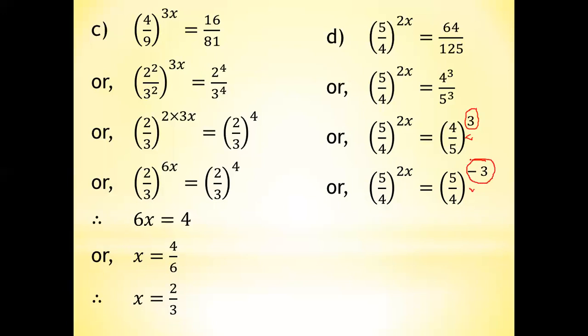That means the sign will be changed if we are changing the placement of numerator and denominator. Now we have both bases the same, 5 by 4. If the bases are same, according to the axiom of exponential equation, powers can be equalized. In this way we have got the value of x as minus 3 by 2.